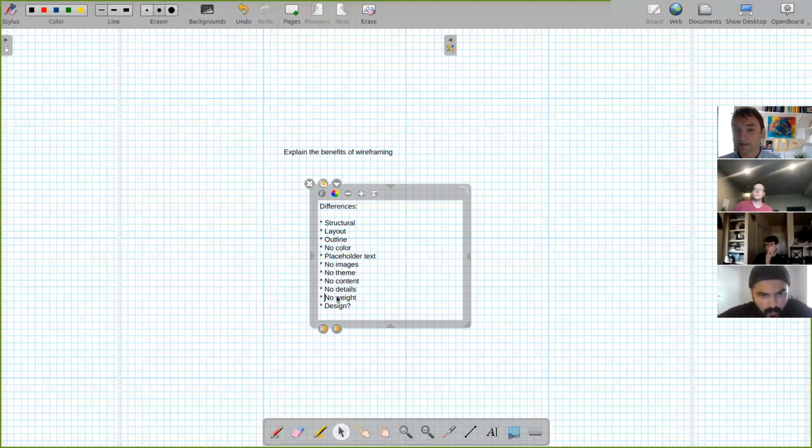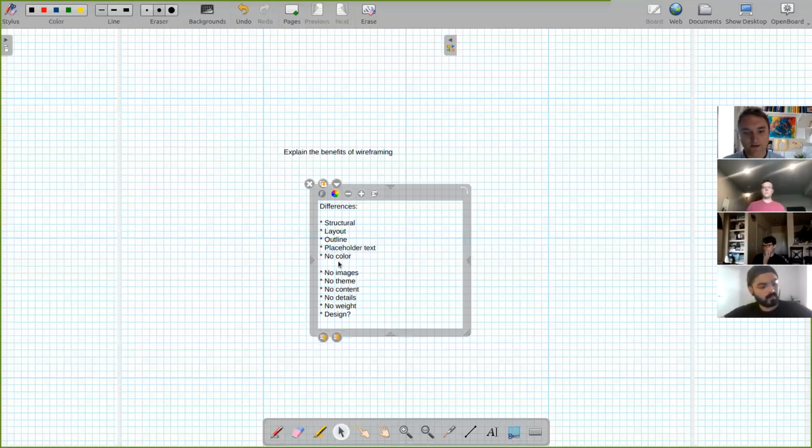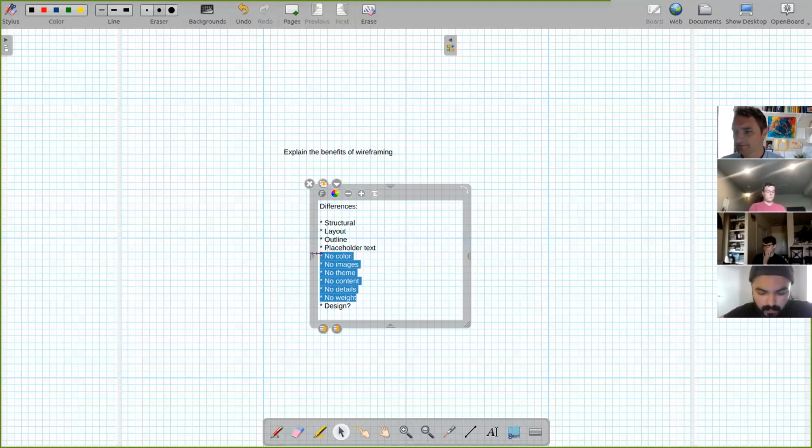It is the outline for a potential solution. So what it lacks are these things: color, images, theme. But those aren't necessarily the design. In fact, you could more say that the wireframe is the design. These things are the decoration for it. Not quite the same thing.